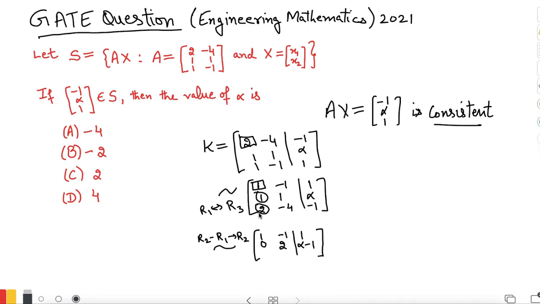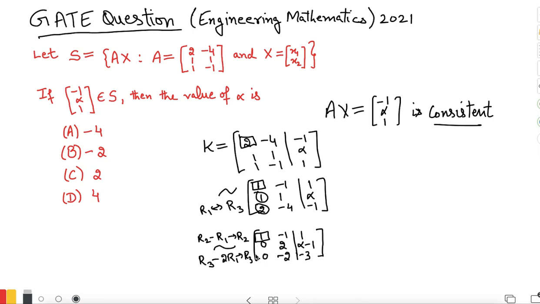Similarly, to make the third row first element 0, we apply row 3 minus 2 times row 1 on row 3. So we have 2 minus 2 is 0, minus 4 minus 2 times minus 1, so minus 4 plus 2 is minus 2, and minus 1 minus 2 is minus 3.